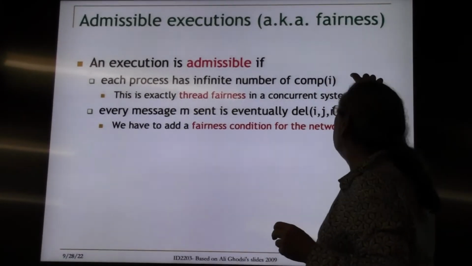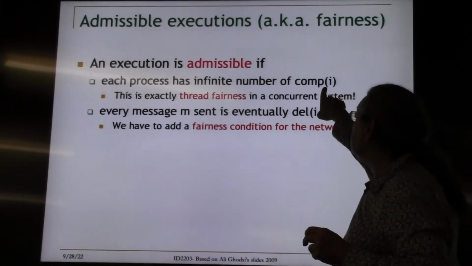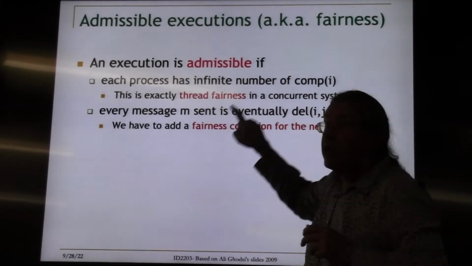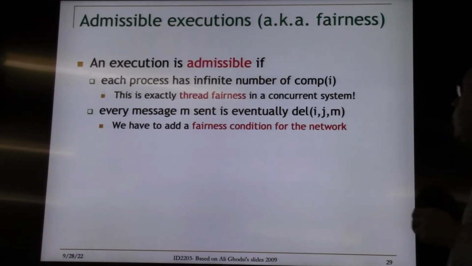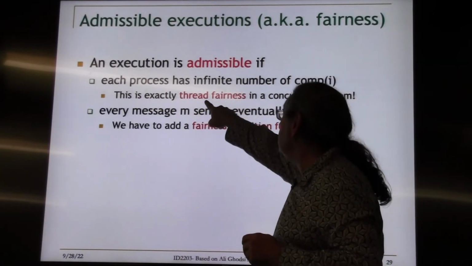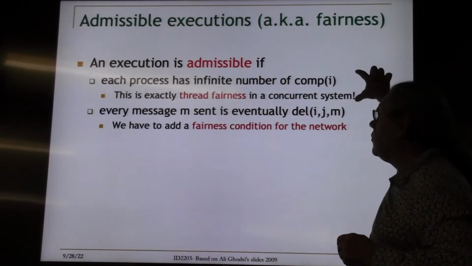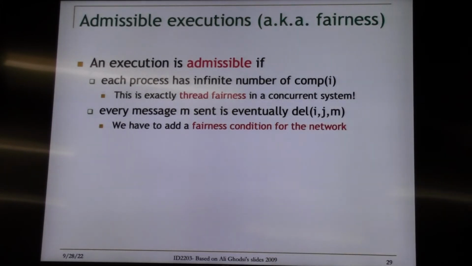And there's two conditions. One of them is that every process has an infinite number of computation steps. That means that a process is not starving. The process corresponds to the thread here. This is exactly thread fairness in a concurrent system. So admissible execution is just generalizing fairness from concurrency.